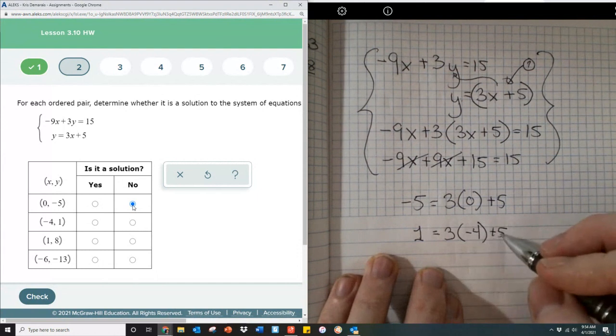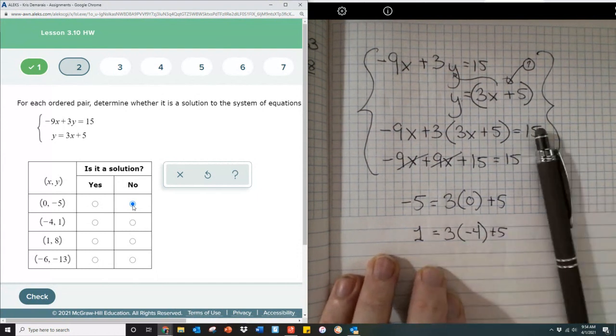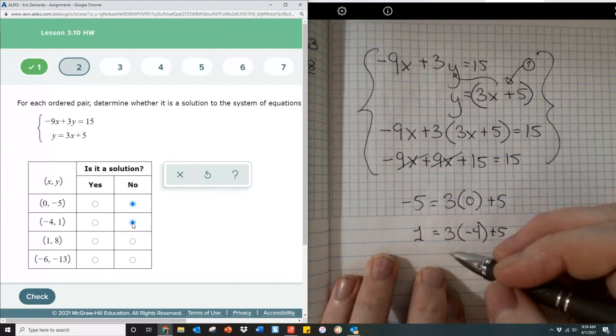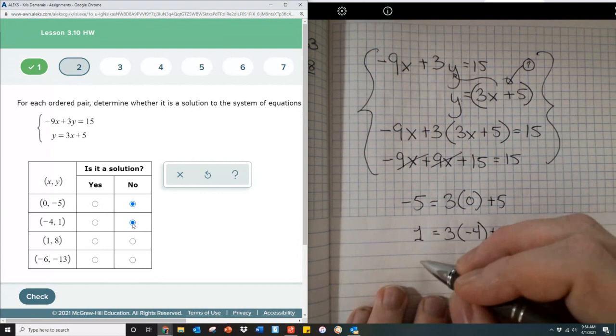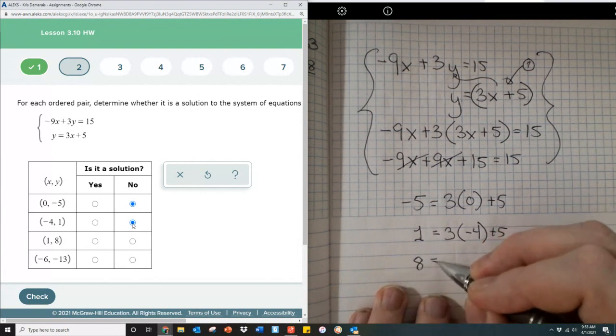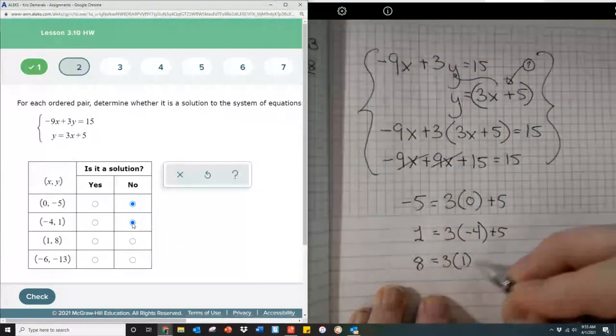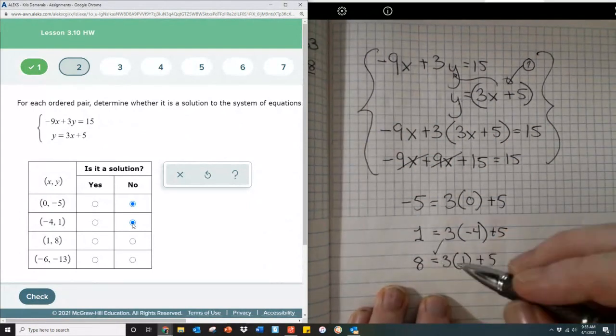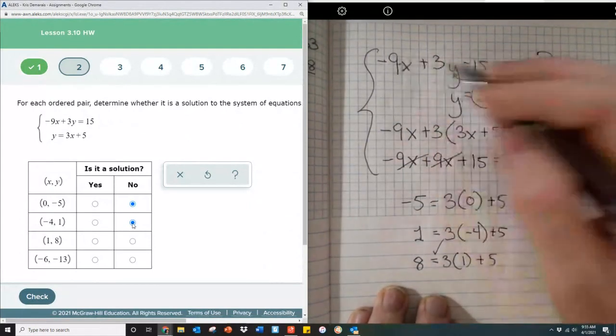This is negative 12 plus 5, which does not equal 1. Therefore, this one's a no. Now I have to go ahead and put in 1 and 8. All right. Now I go ahead and do 8 equals 3 times 1 is 3 plus 5. That does equal 8.